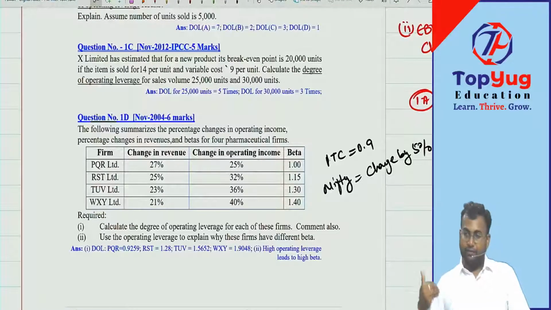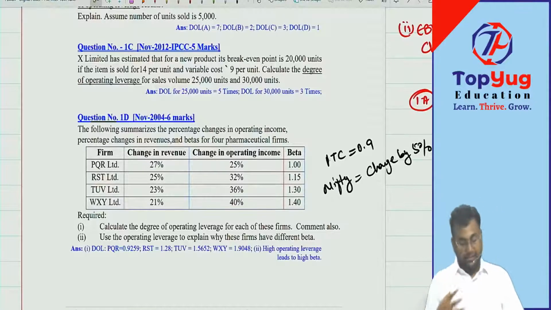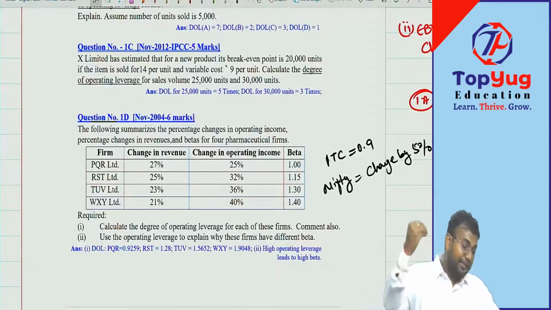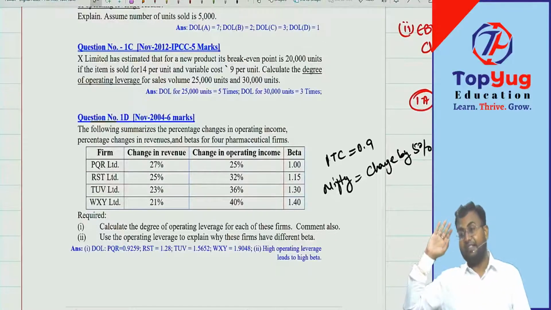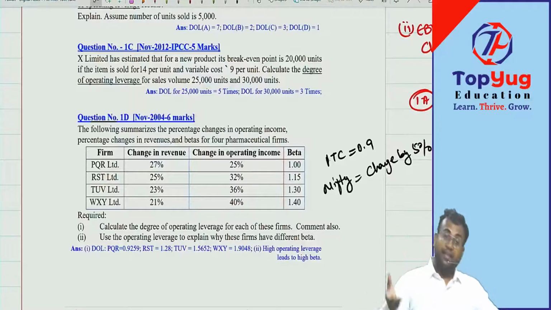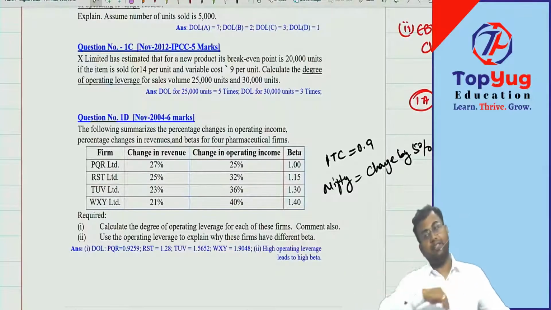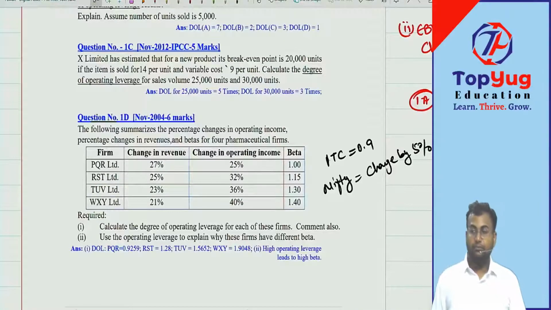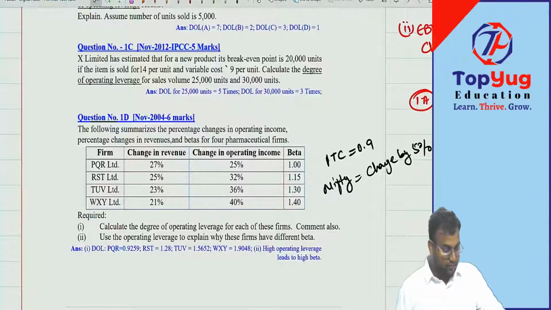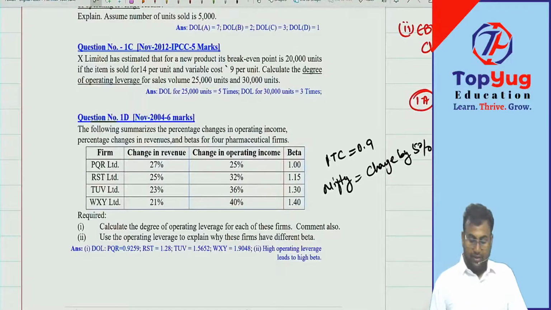Betas of the firms are given, and I can pretty much say the firm WXY is riskier than PQR. Can I say this statement? Whether, if I calculate operating leverage, it will give me the same answer? Let's find out.